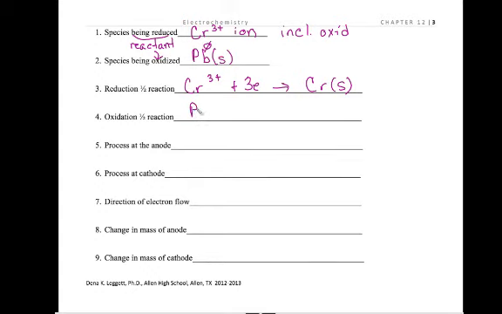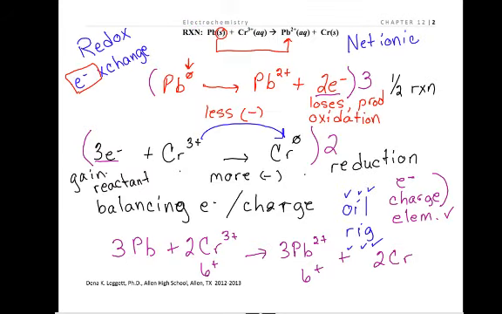Our oxidation was lead yielding lead 2+ plus 2 electrons. Okay? Now, that's all we can do on this little summary chart here because I haven't talked about this part yet. So let's back up a little bit and have a quick discussion before we jump into our next video.